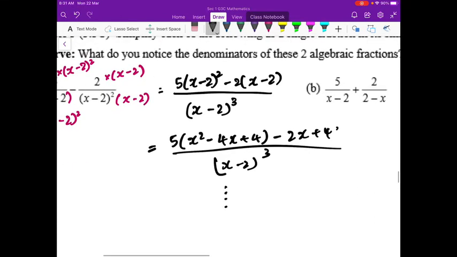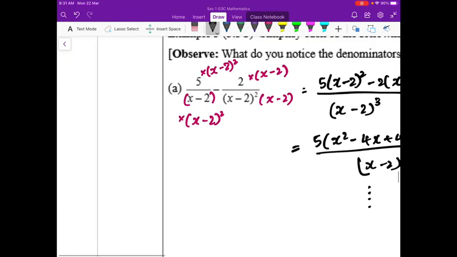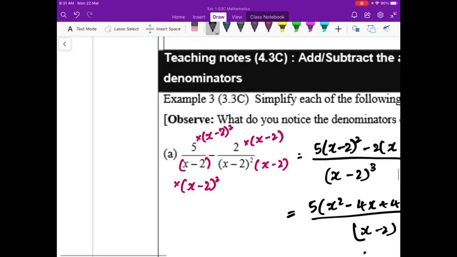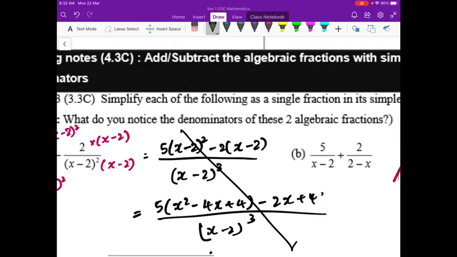You keep going, and then you realize that it's very weird. The powers are too big, the numbers are too many. That's when you should take a step back and look at the denominator again. Did I miss something out? There's a common factor of x minus 2. I could have simply multiplied the first denominator by just x minus 2, and skipped all this headache.